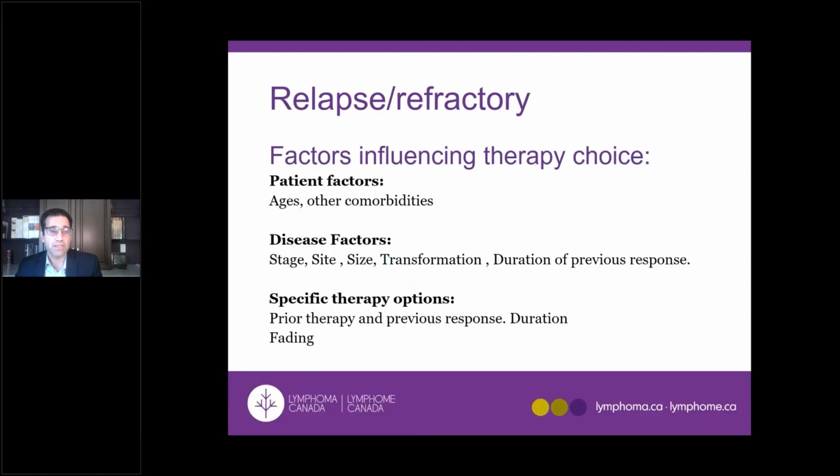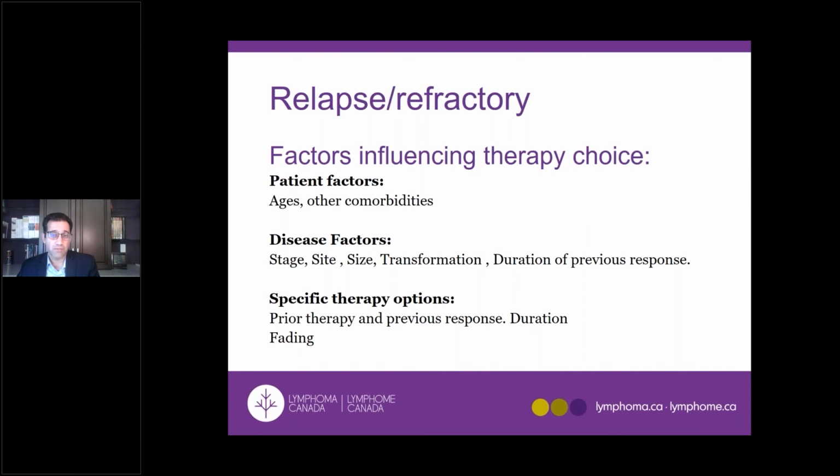So to summarize, in relapsed and refractory patients, there are many factors that can play an important role, like age and other comorbidities as patient factors. There are also disease factors, like where the disease is, the stage of the disease, the size of the lymph node, whether there is any transformation or not, and the duration of response to the previous treatment. Specific therapy options: prior therapy can guide us where to go with the next treatment.